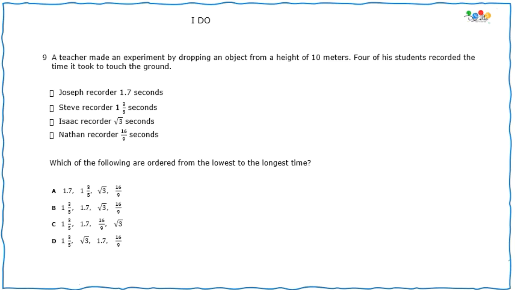So I do want to order, right? And I want to order them from lowest to longest time. Let's see if we can use some other words for lowest. So for lowest, of course, you're thinking about low, right? What is the opposite of low?